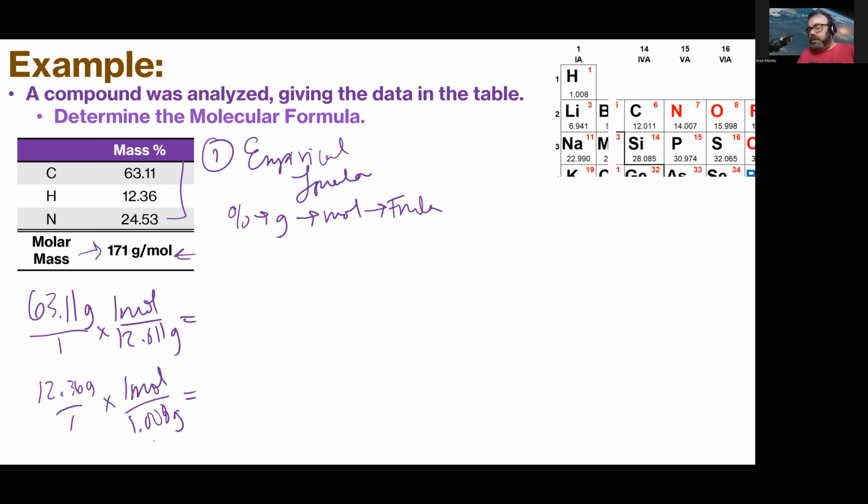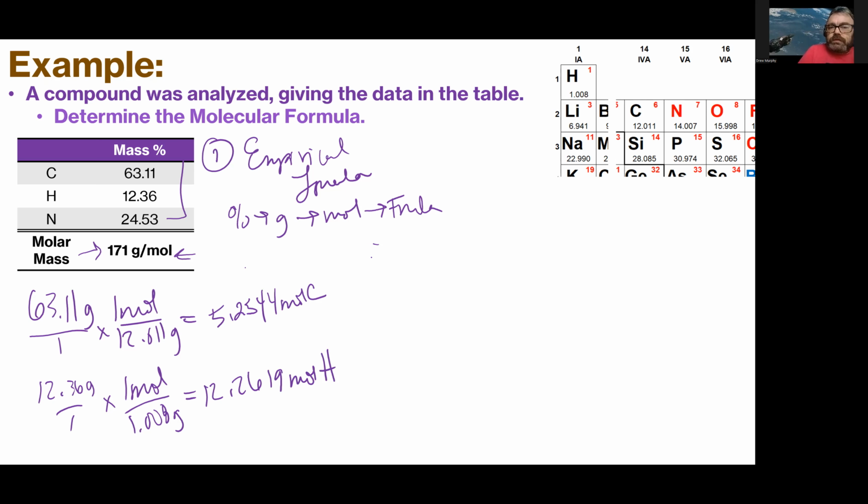I'll go ahead and do those, write them down, and we'll do the nitrogen in a second. 63.11 divided by 12.011 is 5.254 moles of carbon. 12.36 divided by 1.008 is 12.2619 moles of hydrogen.